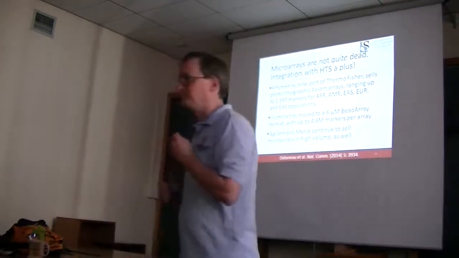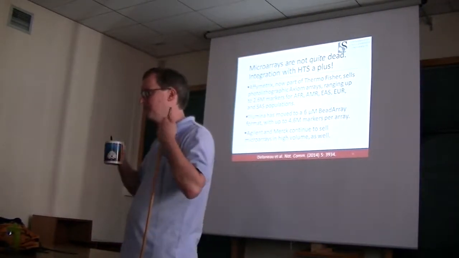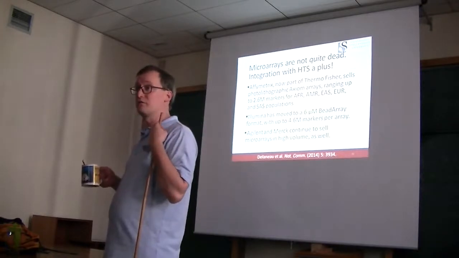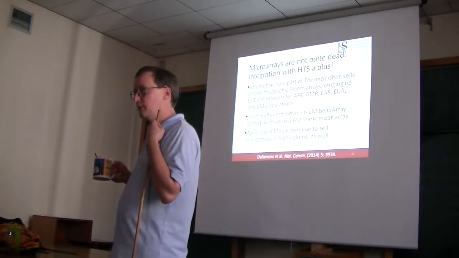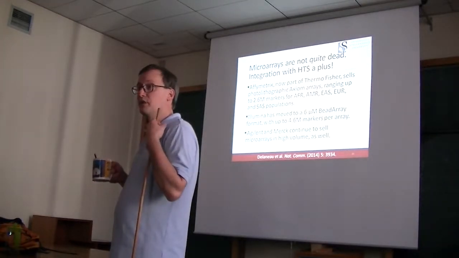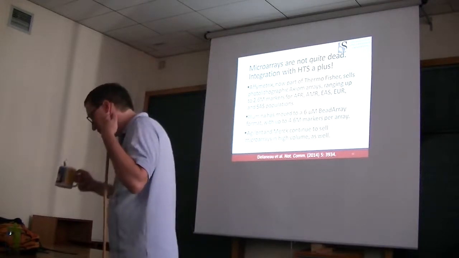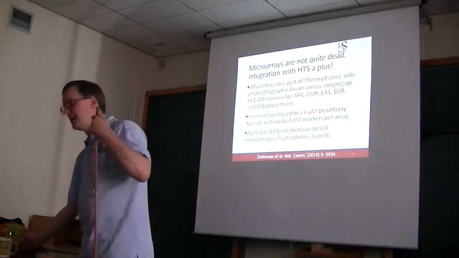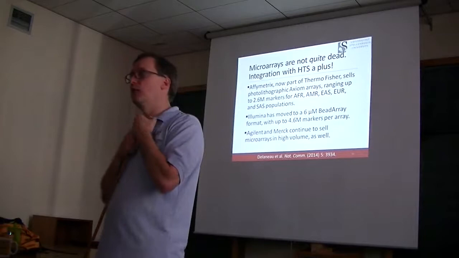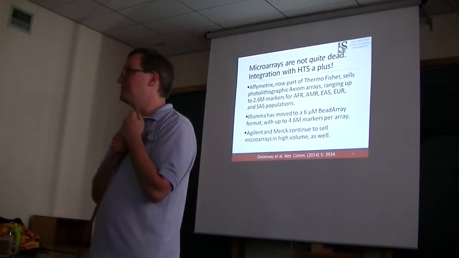Okay. Now I've been talking a lot about sequencers, sequence this, sequence that, and so on. But I feel it is very important to remind us that for a very long time, microarrays were the standard way of determining genetic variability in populations. When the first papers came out suggesting that a $1,000 genome was possible, a lot of people scoffed.